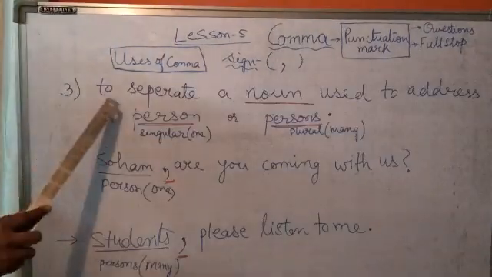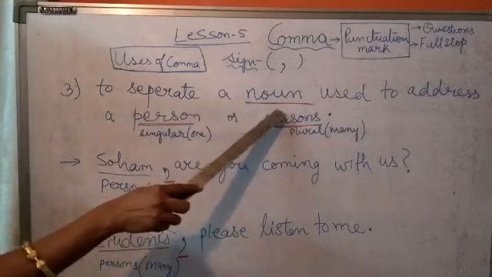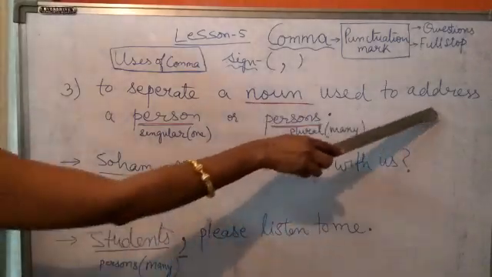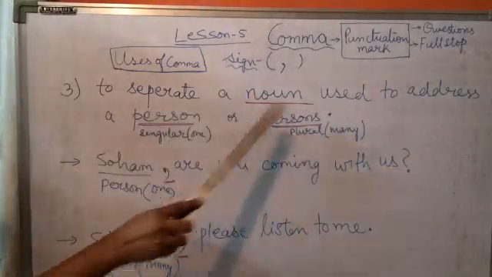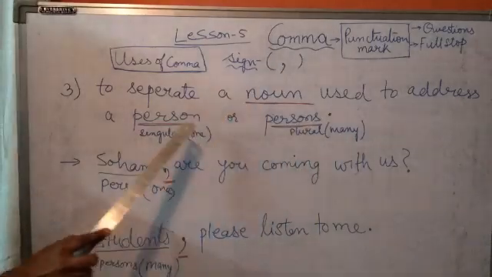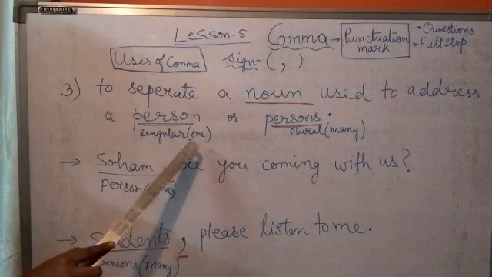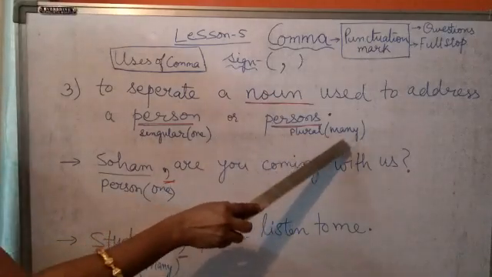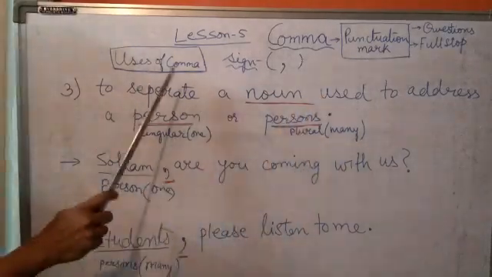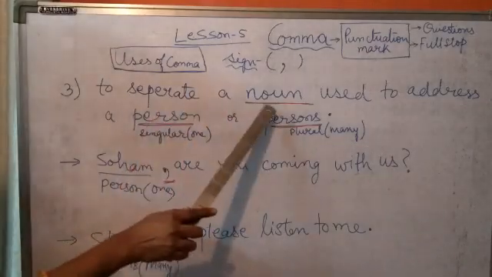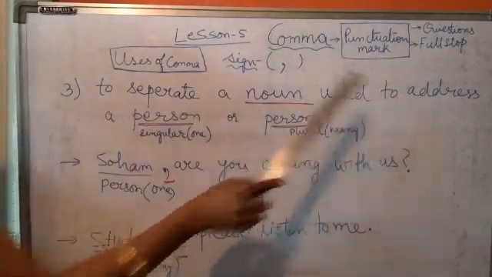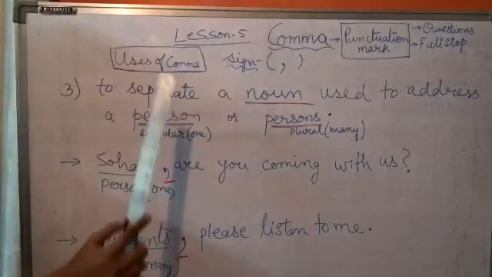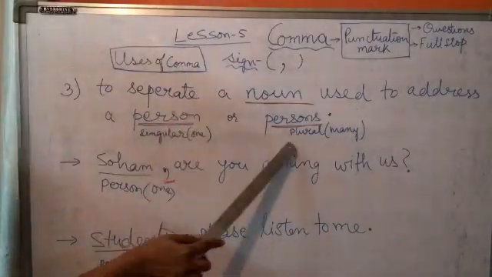Point 3. To separate a noun used to address a person or persons. Now students, person means singular, any one person. Persons means plural, that means many persons. So, using comma to separate a noun used to address means the sentence which is addressing a singular person or plural persons.